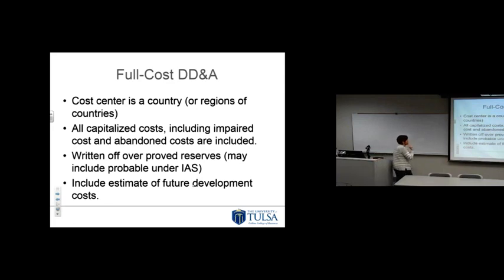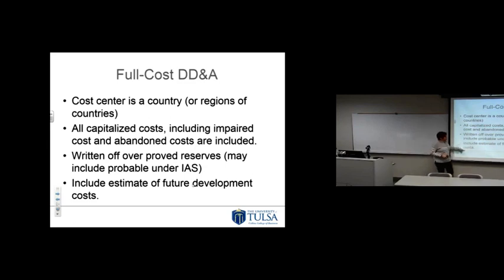That means those fields are proved, but we haven't finished developing the reservoir yet. We're still drilling. The field might be producing, it might not. It doesn't matter. It's still in here because all capital costs are in here. But we still have to do some more drilling of development wells to develop all of our reserves in those fields. So what is it?